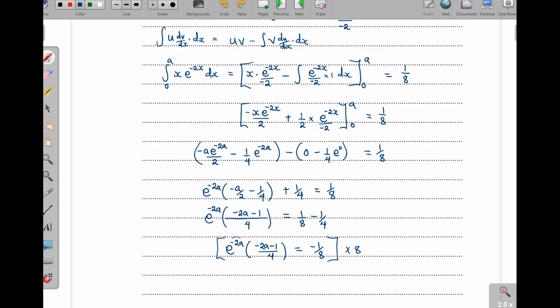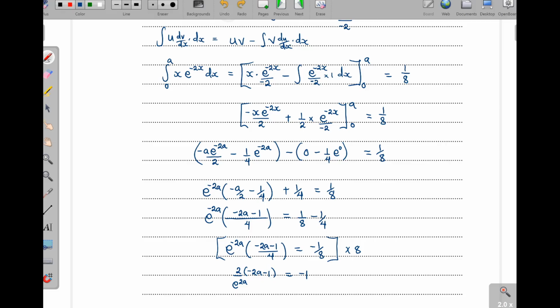So if I multiply all through by 8, this 4 will go into 8 two times. And I'm going to write e to the power of negative 2a as 1 out of e to the power of 2a. Then a 2 will multiply in here, and we shall have 2 times negative 2a minus 1, and here we shall have negative 1.